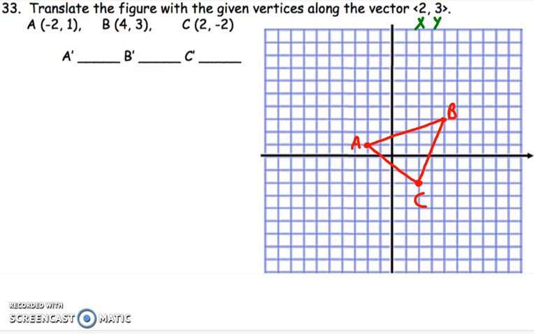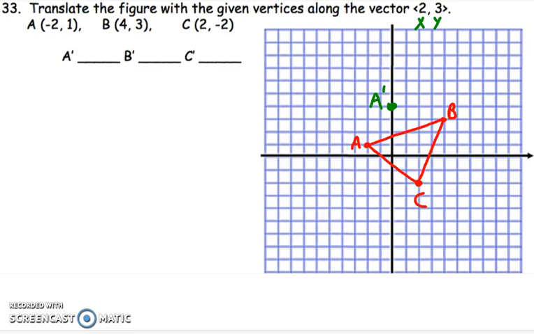So let's do it on the coordinate plane. With my A vertex here, I'm going to count over 2 to the right, and then I'm going to go up 3. 1, 2, 3. Here's my new point. Again, I'm going to put A prime so it'll distinguish it from the original figure.